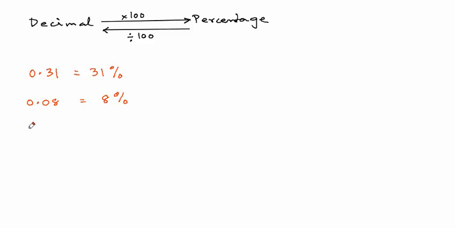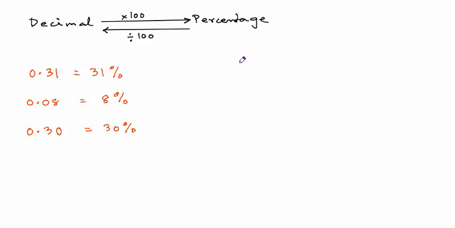How about 0.3? To move this 2 places over to the right, the decimal point, you need to have a 0, and feel free to add as many zeros as you want. It doesn't matter at the end of a decimal point. So this is going to be 30%.